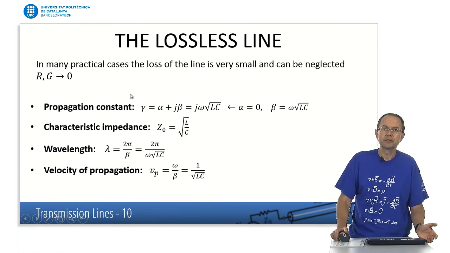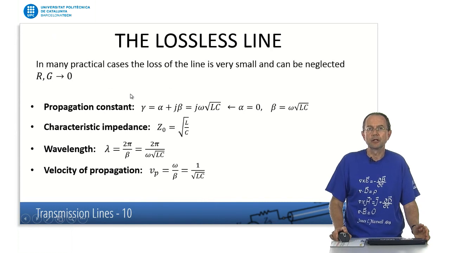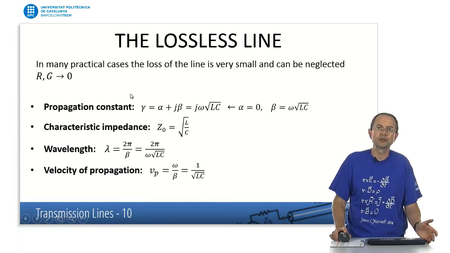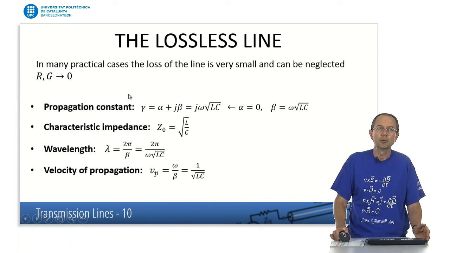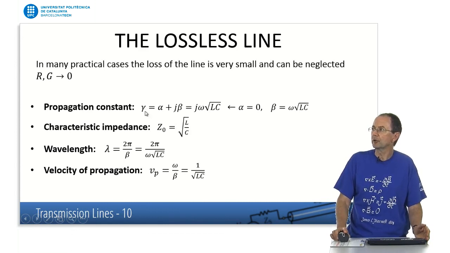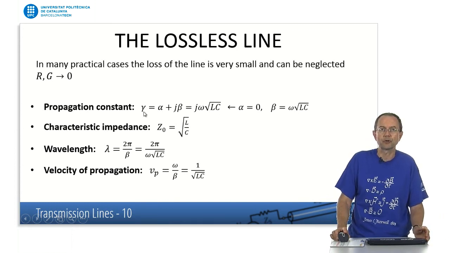In many cases, the transmission line losses are sufficiently small to be neglected. When this happens, the previous equation simplifies quite a lot, because now the propagation constant, which is in general a complex constant, becomes a pure imaginary number, which depends only on the L and C parameters of the line.